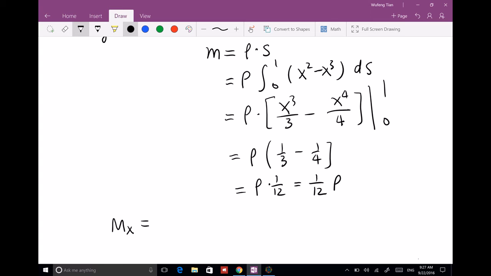So it's rho times the integral from 0 to 1, of the mass times distance: rho times s is the mass, times distance. The moment of x is the distance of y, but for the center of x, you still do the same thing with x.